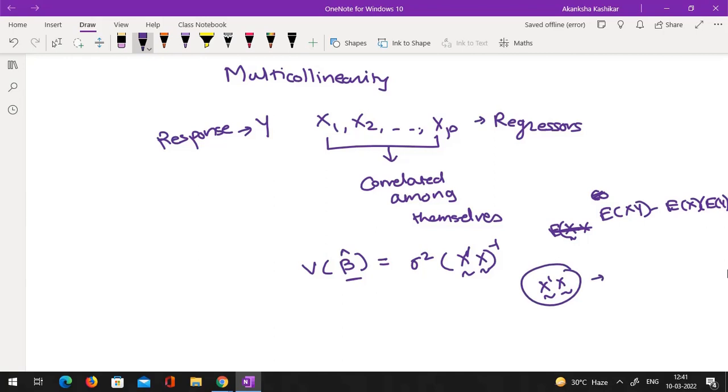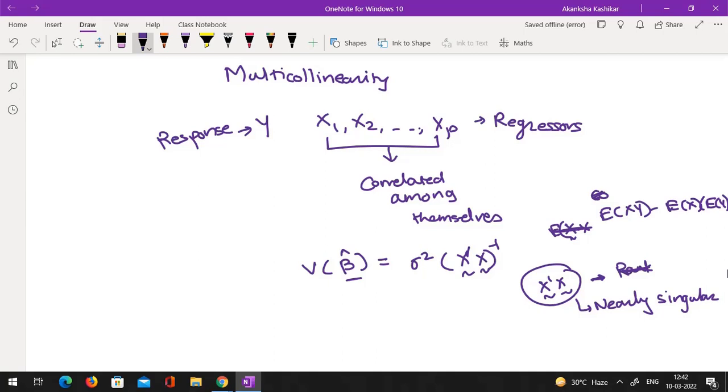The rank won't be exactly affected because I am not saying there is perfect correlation, but X prime X will be a nearly singular matrix. Why nearly singular? Because every column of the original X matrix represents one variable. So if multiple variables are correlated, then in X prime X, independence between variables is reduced. As a result, some of the eigenvalues become almost close to 0.